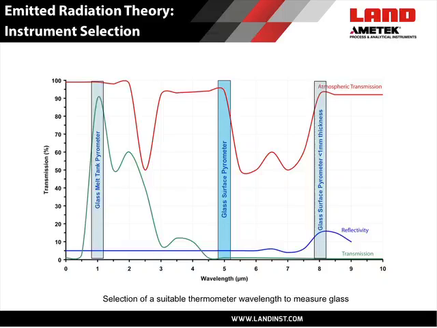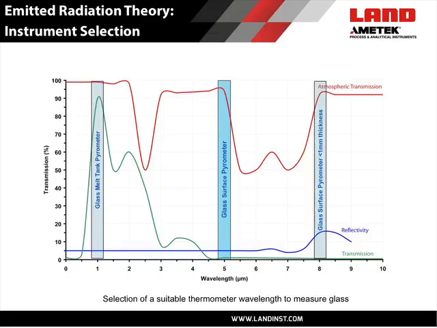If glass is very, very thin, under a millimeter, then you may choose a 7.9 micrometer wavelength to see that low temperature thin glass. With molten glass, we don't have these issues, and we can choose an accurate 1 micrometer thermometer.